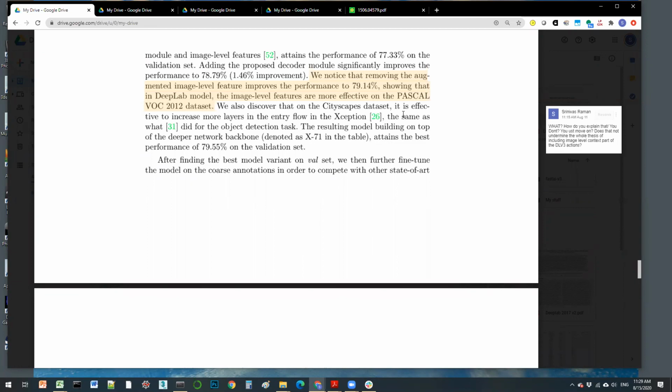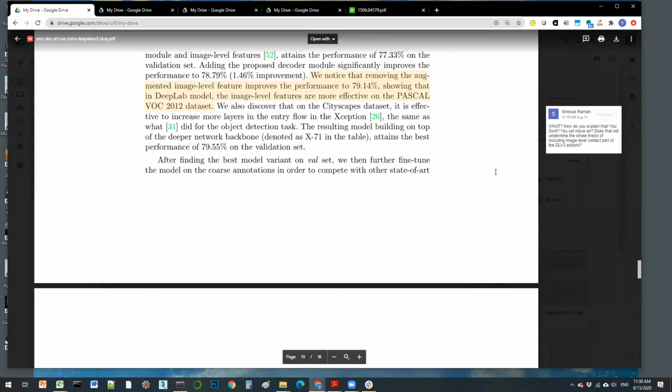So the segmentation was a huge image, like 5,000 pixels by 2,000 pixels, and I believe that DeepLab V3 is more effective on segmenting smaller stuff, smaller objects.